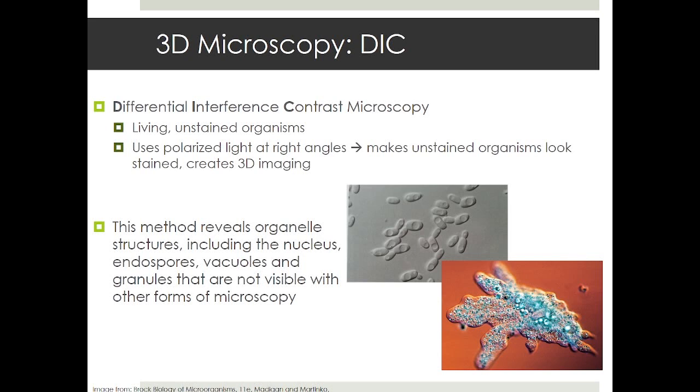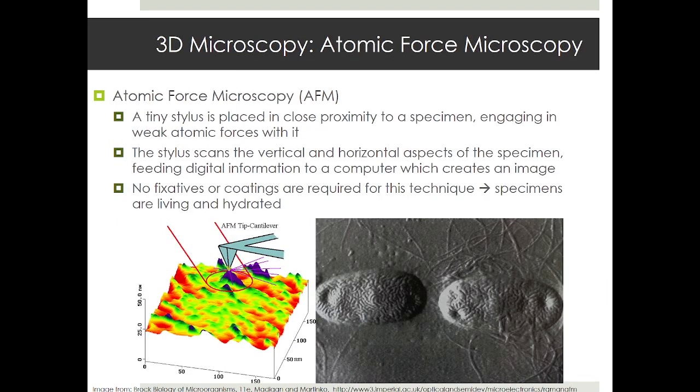There's also atomic force microscopy, which is so cool. This takes a super tiny stylus that will scrape itself across the surface of things that you want to magnify and look at. So it'll scan the vertical and horizontal aspects of your specimen and will translate that into digital information to form an image.